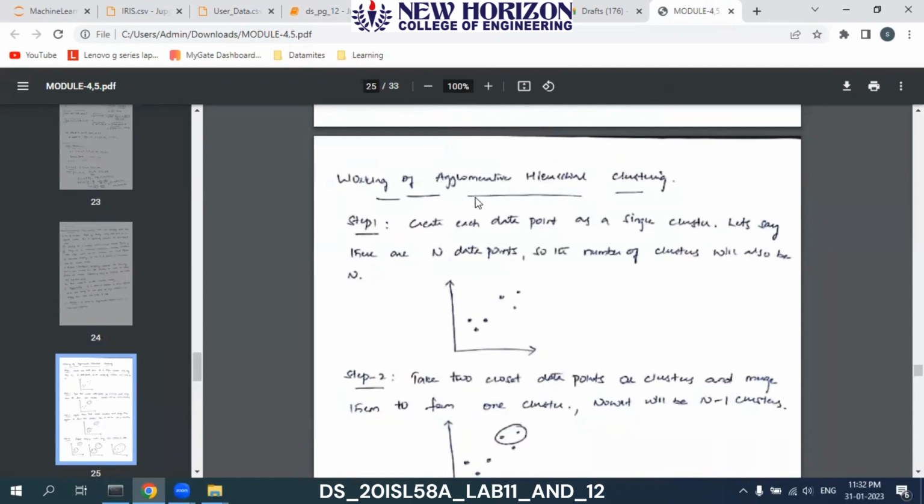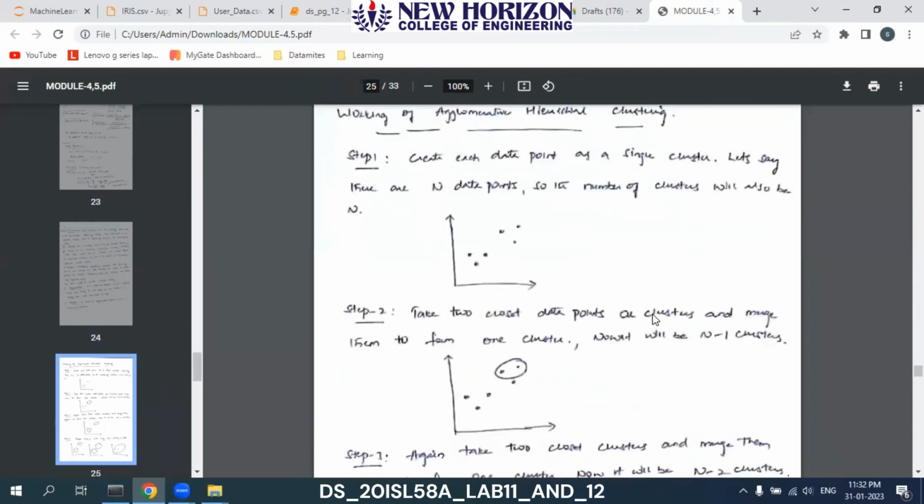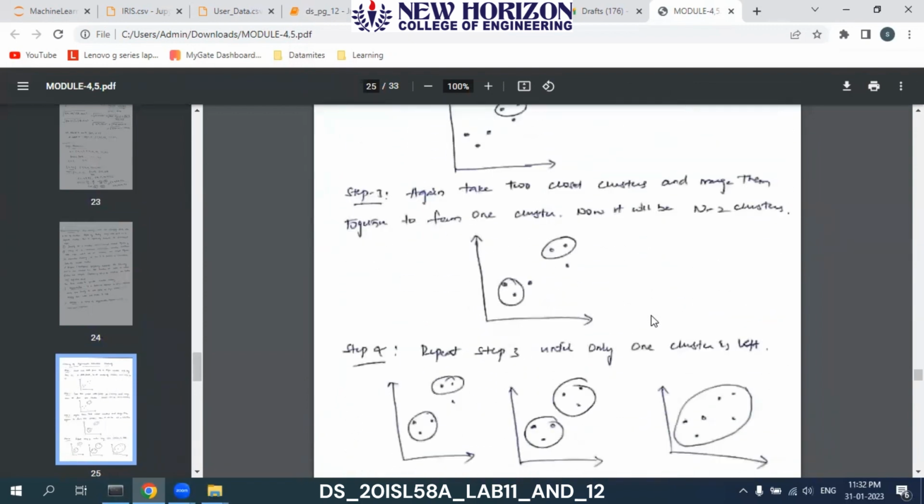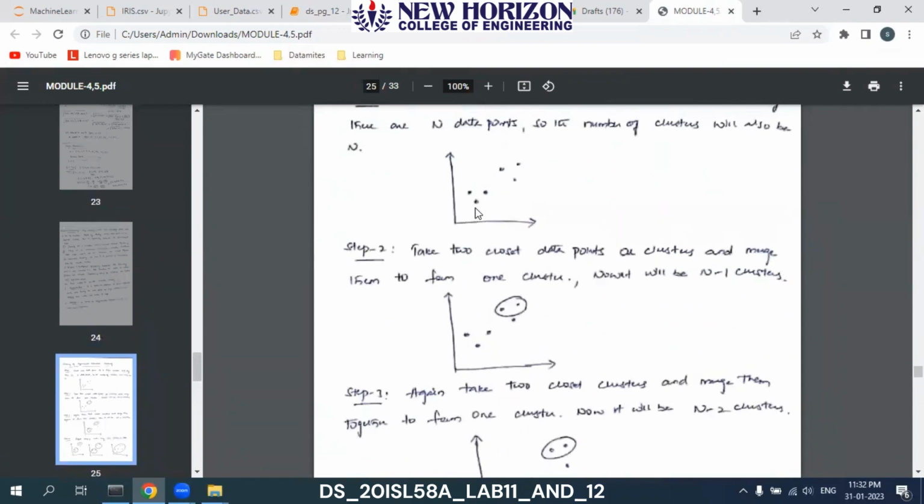Now, just knowing about the working of hierarchical clustering, there are basically two types: agglomerative as well as divisive. It depends upon the approach. Finally, the primary aim of this algorithm is also clustering, that is grouping the data. This is how the grouping works.